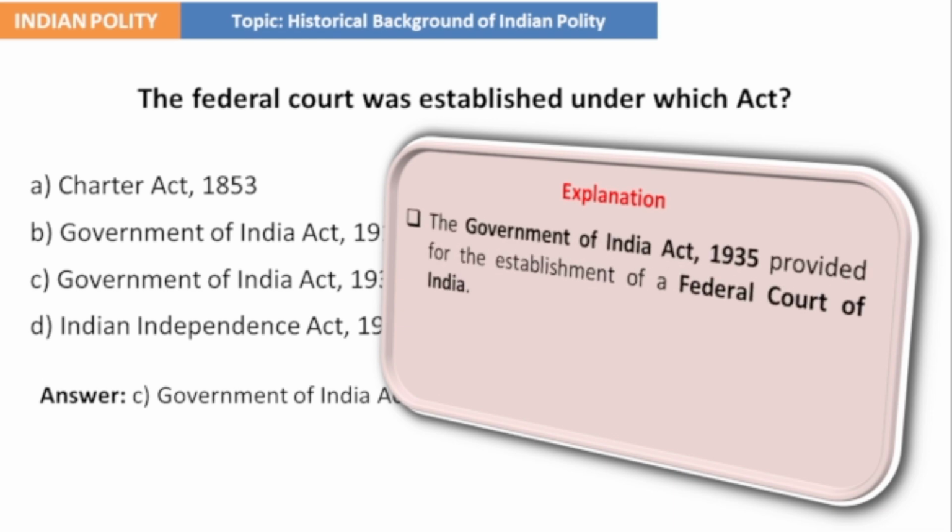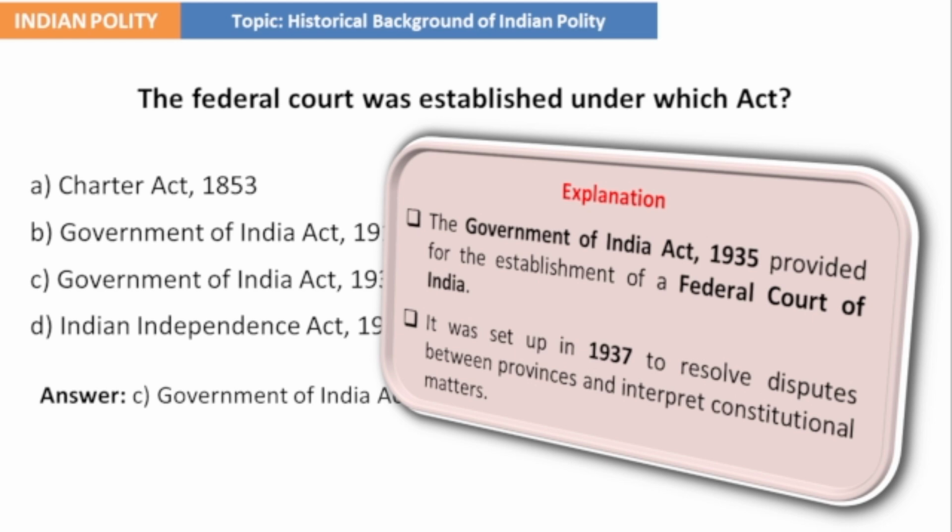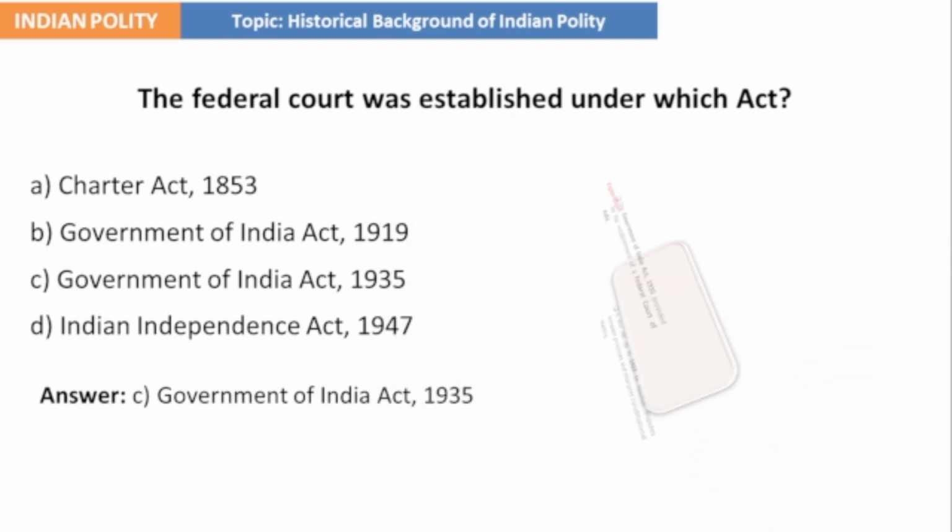The Government of India Act 1935 provided for the establishment of the Federal Court of India. It was set up in 1937 to resolve disputes between provinces and interpret constitutional matters.